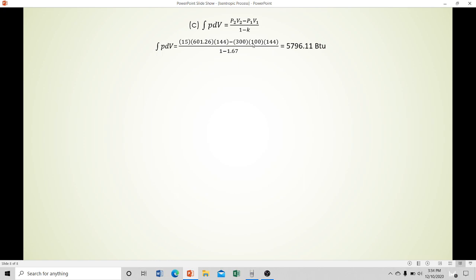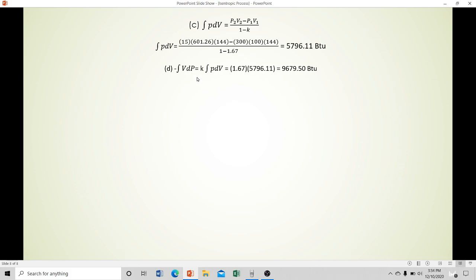We convert in terms of feet LB, over 1 minus 1.67, and to convert in terms of BTU, we have 778 over 778. So we can get the value for non-flow work. We have 5796.11 BTU.